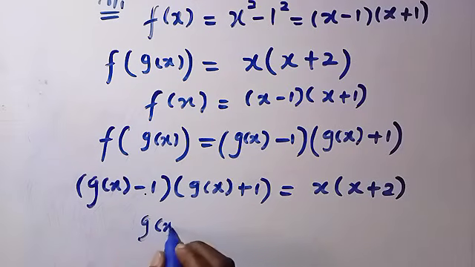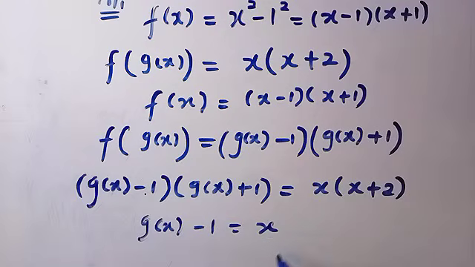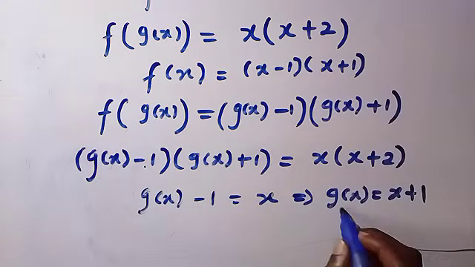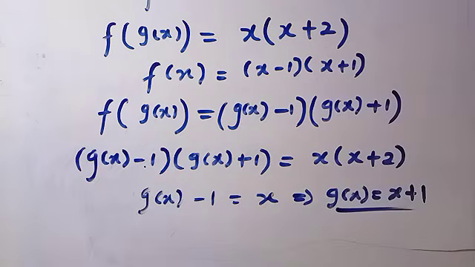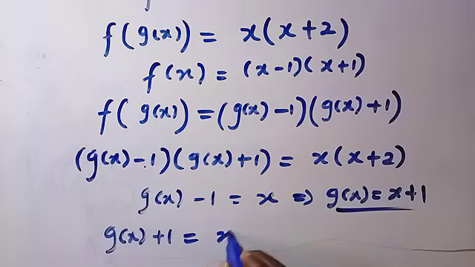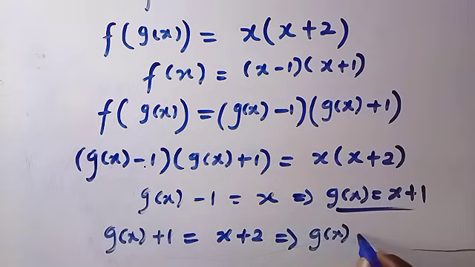We have g of x minus 1 equals x, then simply we have g of x equals x plus 1. Actually, the answer is g of x equals x plus 1 at the positive side. And again, if I let g of x plus 1 equals x plus 2, this also implies that g of x equals x plus 1, taking 1 to the other side.